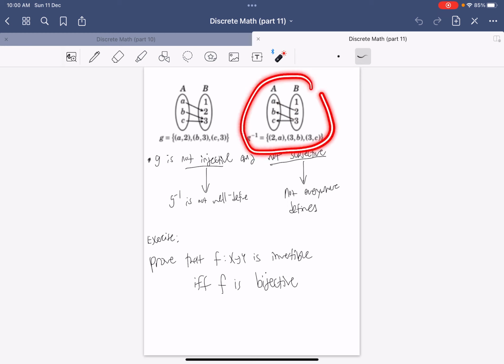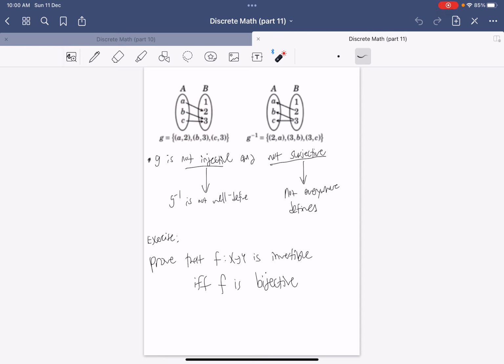But we can clearly see this is no longer a function, because 3 is mapped to 2 outputs, so it's not well defined. And the value of 1 is mapped to nothing, so it's not everywhere defined. And so, because of the failure in injectivity in the original function here, the inverse will not be well defined.